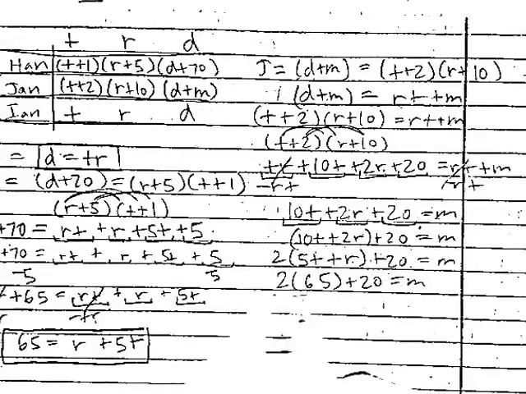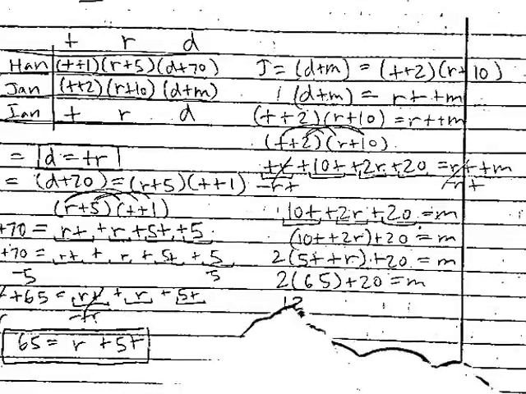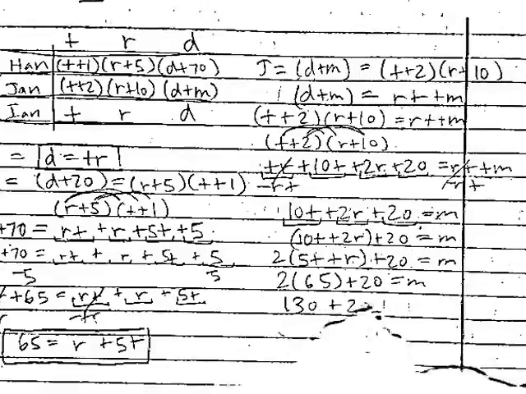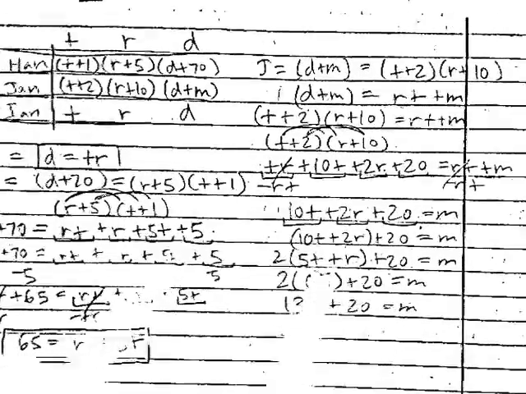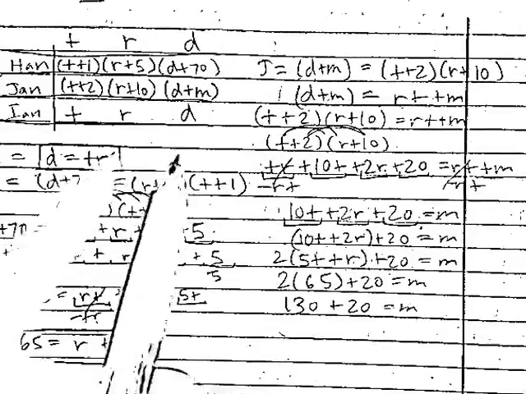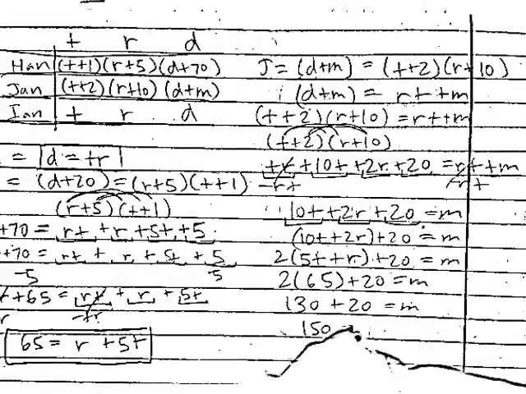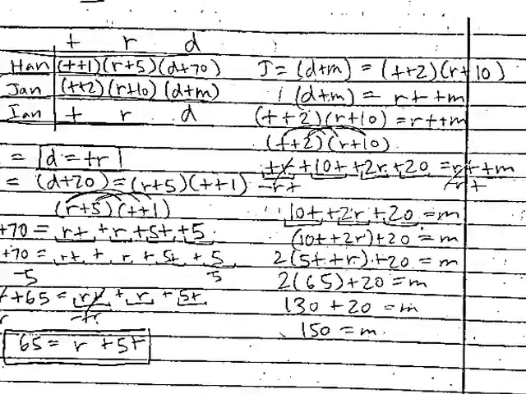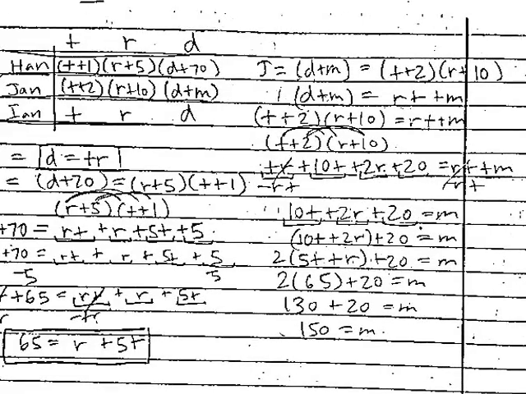If I multiply these two numbers, I would get 130 plus 20 equals m. And as you know, m is the extra number of miles that John did more than Ian. So if I add these two numbers together, I would get 150 equals m. So 150 is the amount of miles more that John did than Ian.